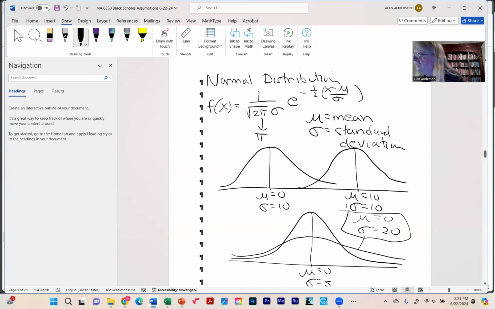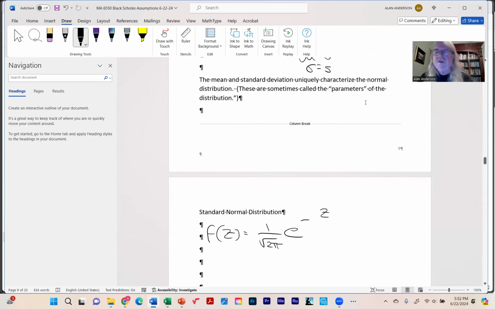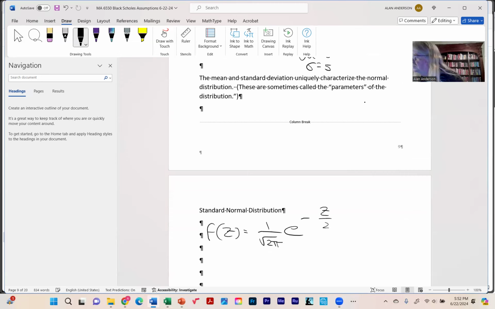Oops, you know what? I just realized I left out the square up here. Sorry about that. There's supposed to be a square here. It's -1/2 x minus mu over sigma squared. All right, so here it's going to be z over 2 squared.